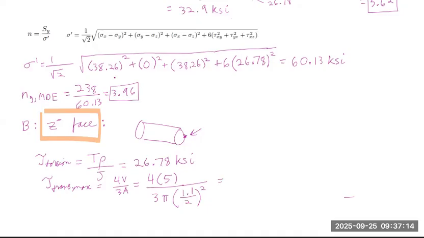If we calculate this, we get that the maximum transverse shear stress is 7.01 kips per square inch.